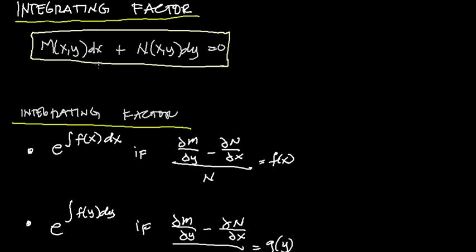Okay, so if that is the case, then we can now have what we call an integrating factor. The role of this integrating factor is very important, because if we can determine the so-called integrating factor, it can transform a non-exact equation into an exact equation.